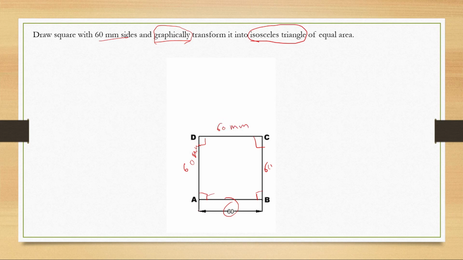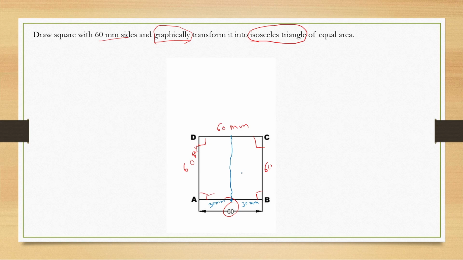A very important thing we can do with the drafter is while drawing the isosceles triangle. You have to bisect this AB line. So somewhere here, it's 30 mm, and this part is 30 mm, and the same with this point also, and then just connect it straight.